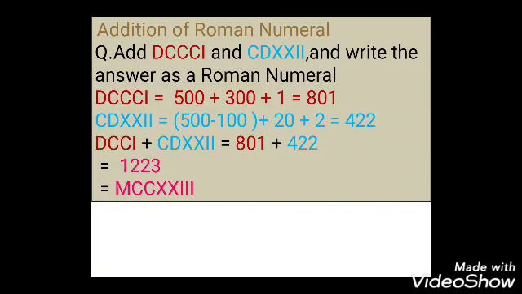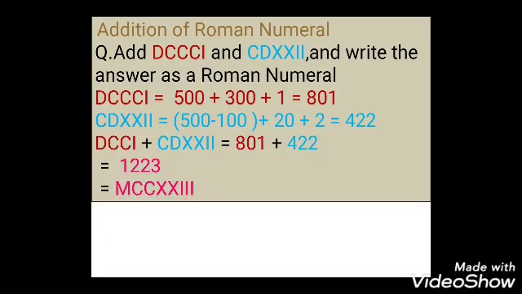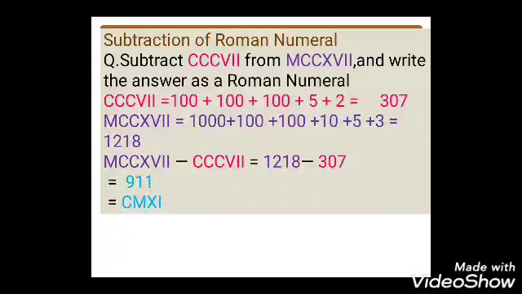Here CD means D minus 100, or 400, so this is 500 minus 100. 20 plus 2, this is 422. And then we can add the numbers. Similarly, in the same manner, we can subtract: we first convert the Roman numbers to Hindu Arabic numbers, and then we do the subtraction.